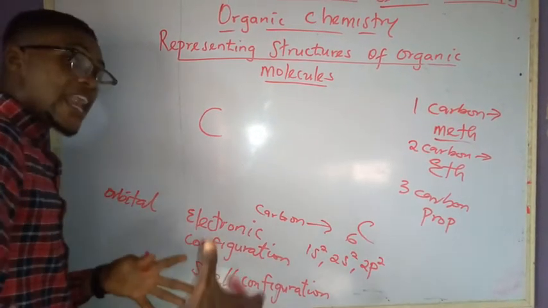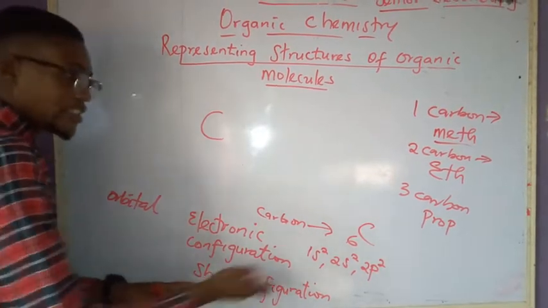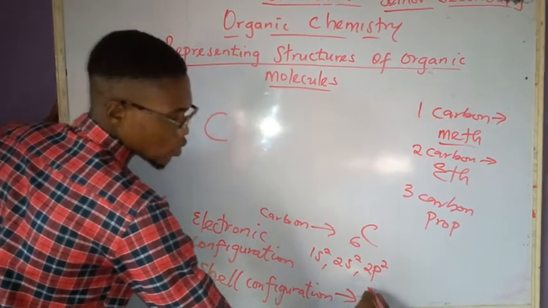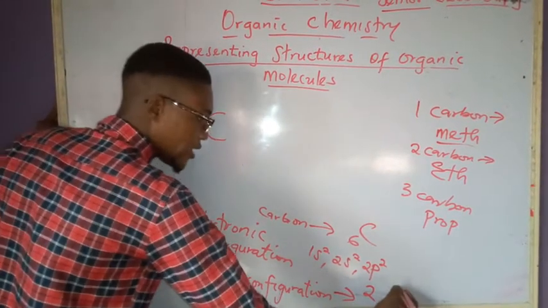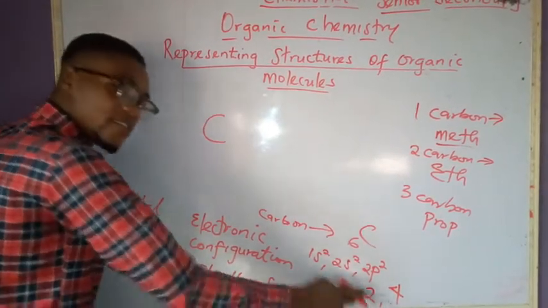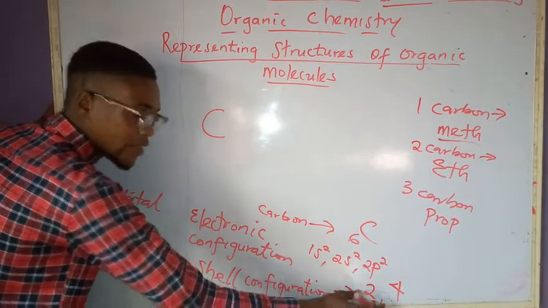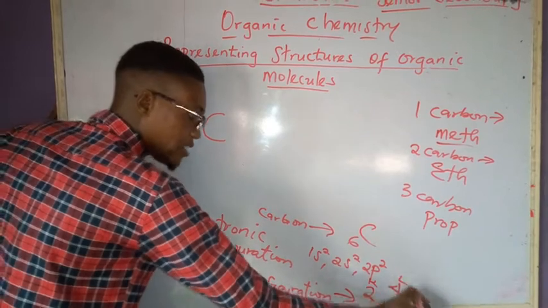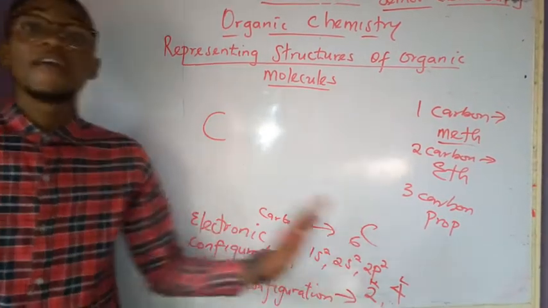That is the KLMNO shell. So the shell configuration of carbon atom number 6 is what? It is 2 and 4. That is, the K shell can contain a maximum of 2 electrons, and the L shell can contain a maximum of 4 electrons.